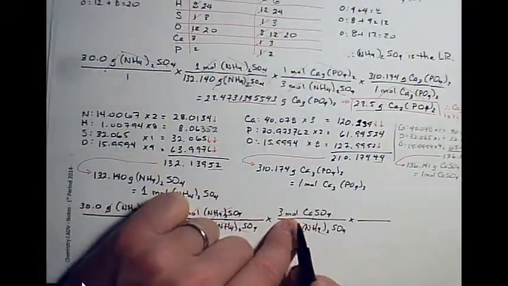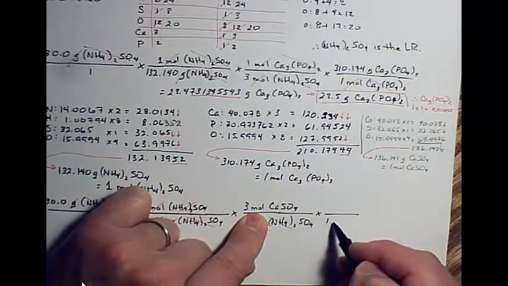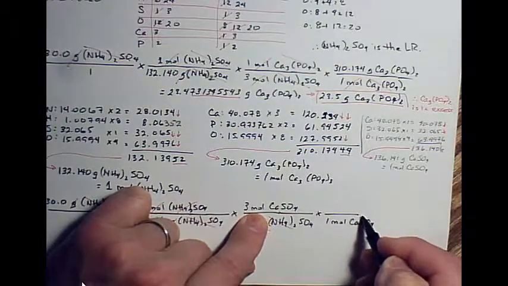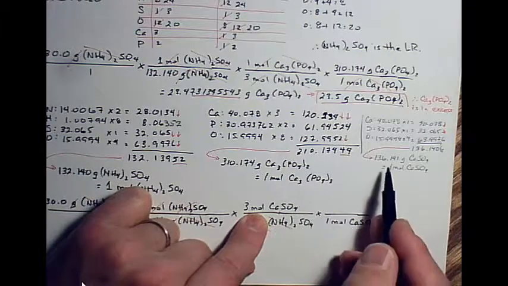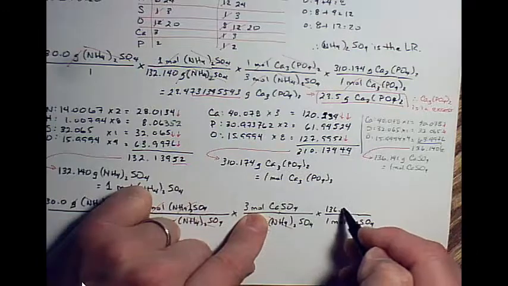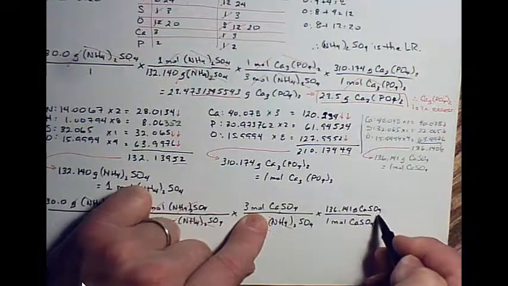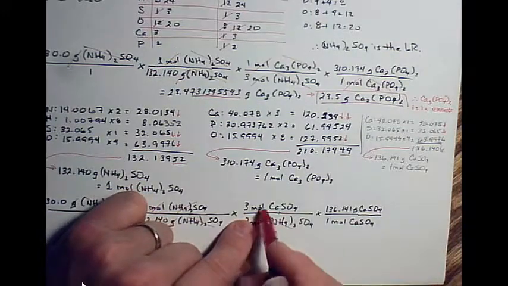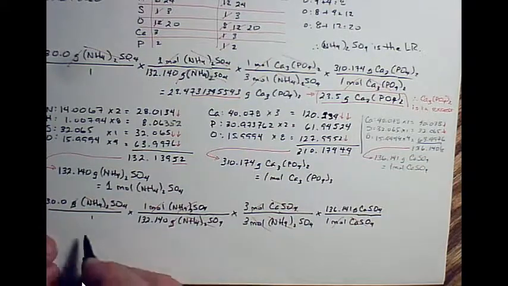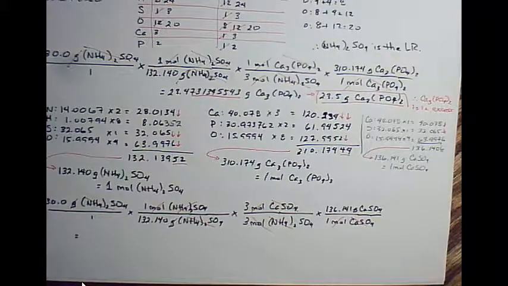And so, since I've got moles on the top here, I want moles on the bottom here, and the side of the equality statement with moles is right here. And the side of the equality statement with grams, which is what we're going to look for, is there. 136.141 grams of calcium sulfate. Cancel out moles. Cancel out calcium sulfate. And we're ready to do the math.